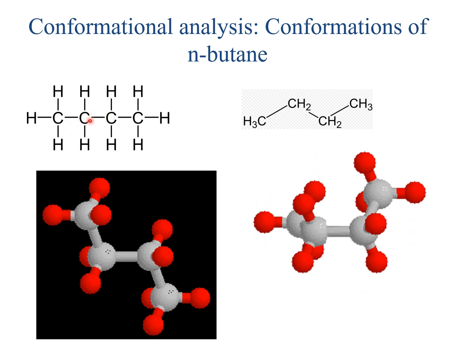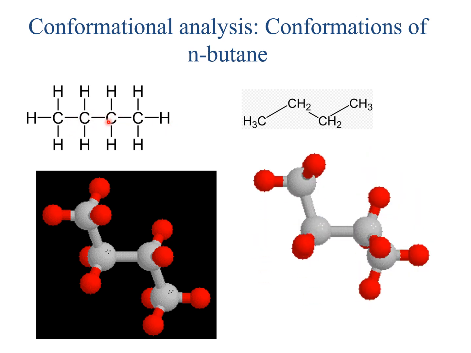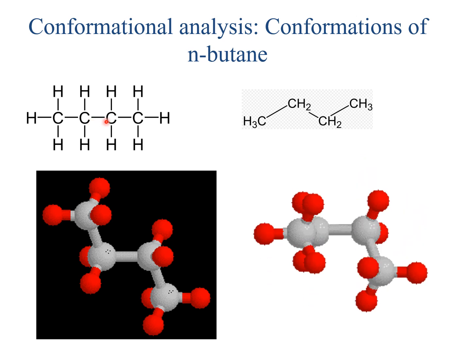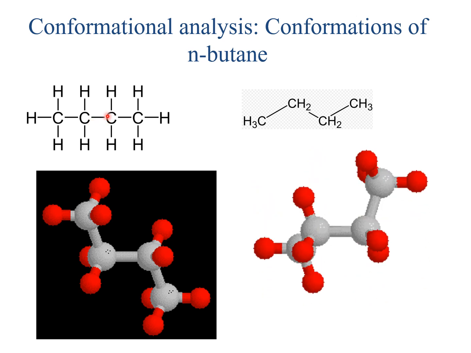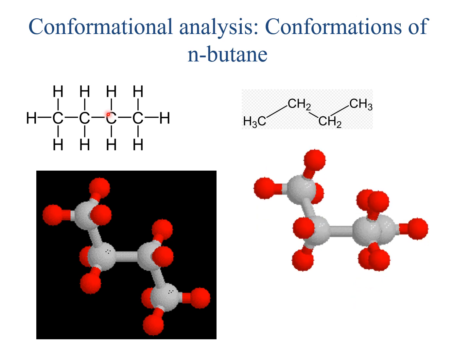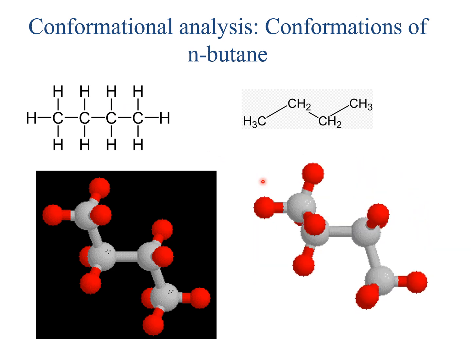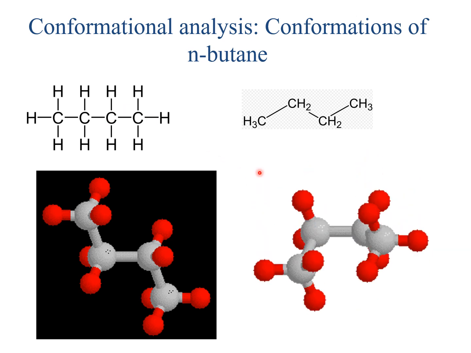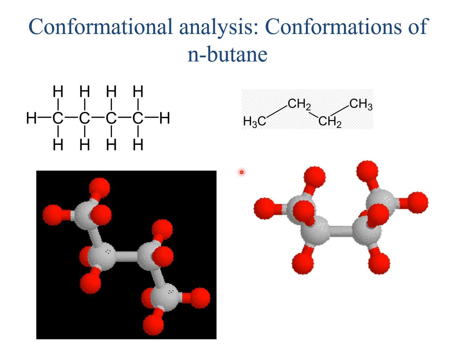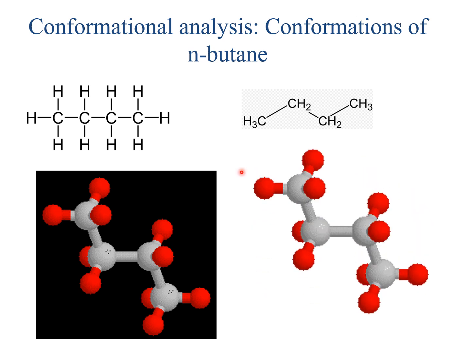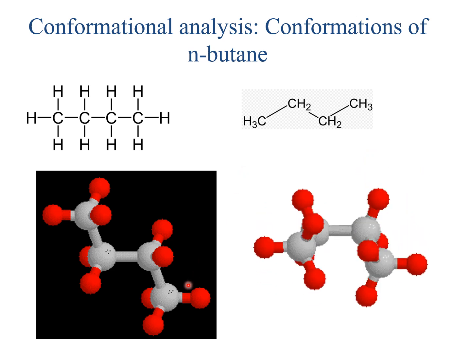This is 1, 2, 3, 4. Due to this C2-C3 rotation, we are able to arrive at several structures. These structures are called rotational isomers or conformational isomers. So they are termed rotamers or conformers also.